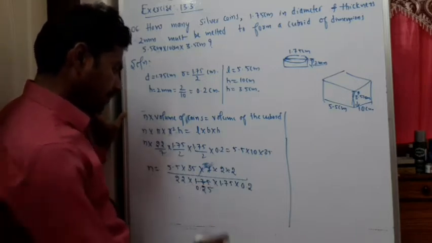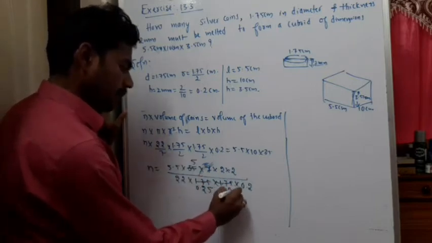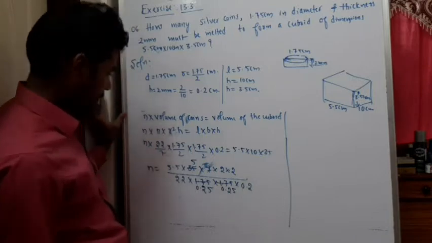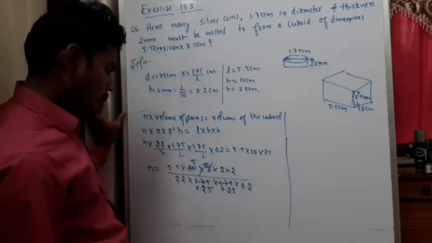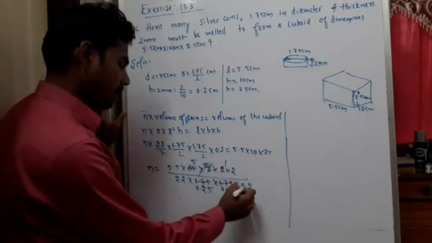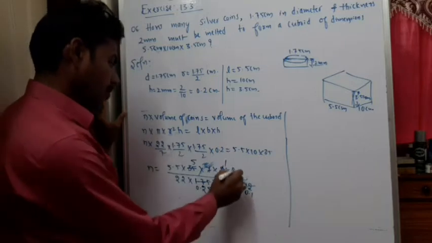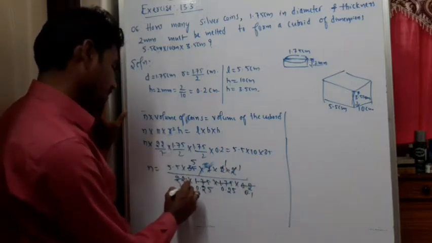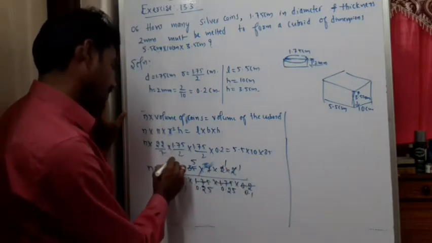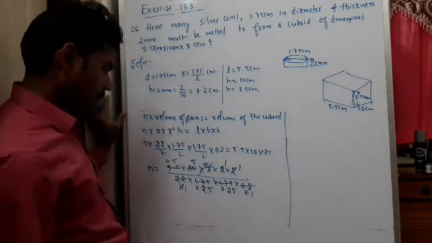Now, 2 ones are 2, 2 elevens are 22, again 11 ones are 11, 11 fives are 55.